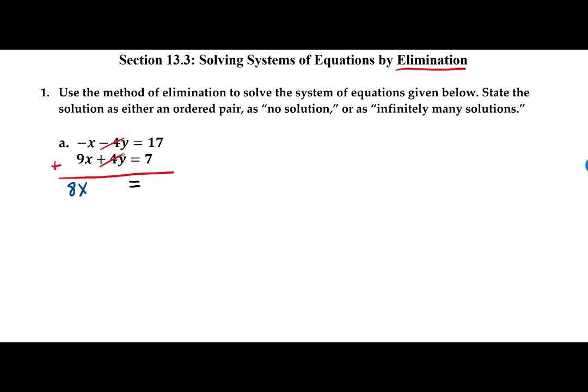So we have 8x plus 0, or just 8x. And then we could take 17 plus 7, and that will give us 24. So we have the equation 8x equals 24. We can divide both sides by 8. So the times 8 to divide by 8, they cancel, and we get x is equal to 3.